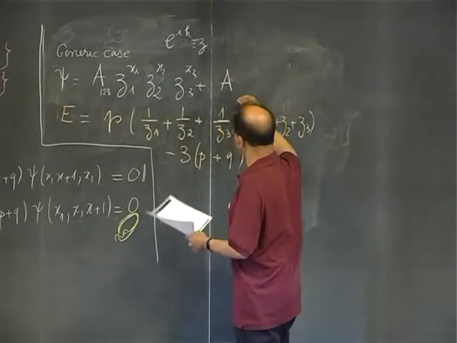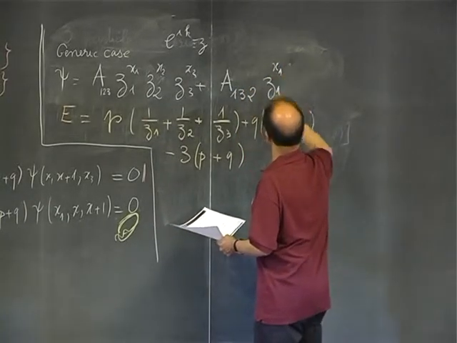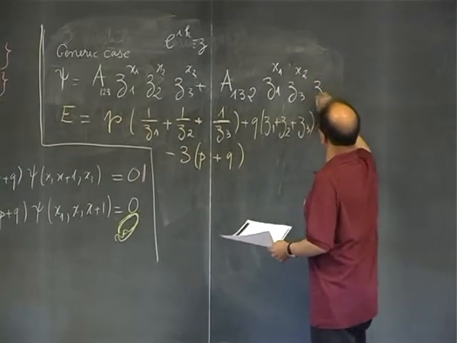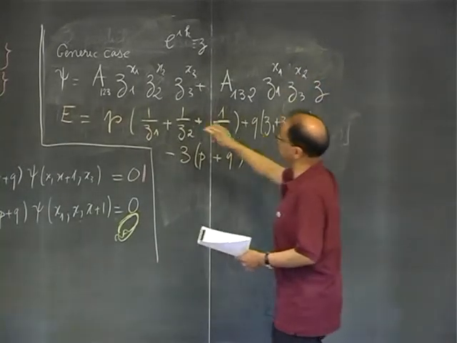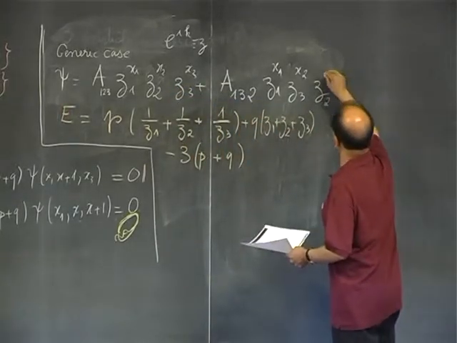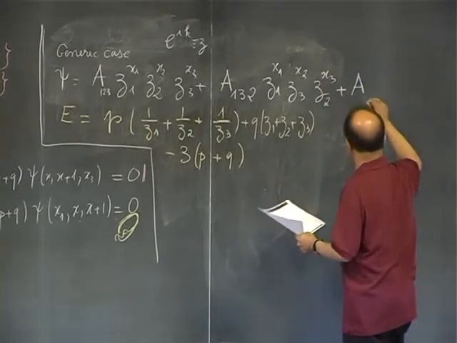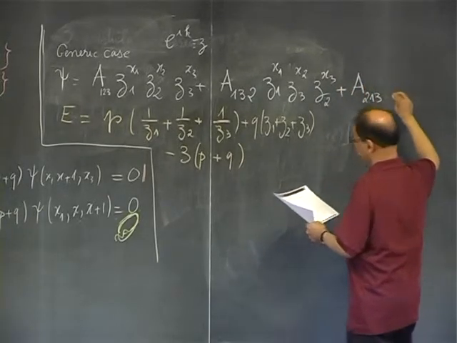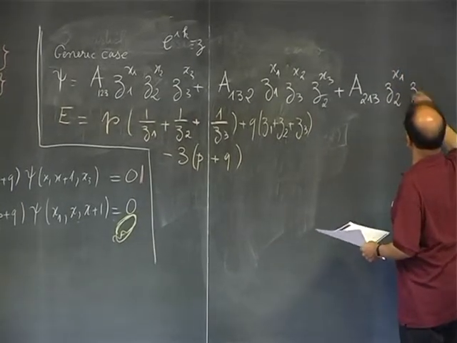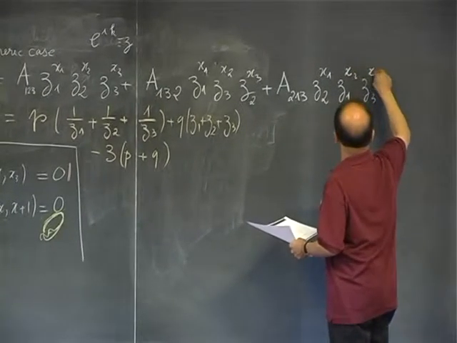I'm not sure I'll be patient enough to write all of them, but okay: Z1, X1. Now Z3 is at the second position. So I'm not changing the order of X1, X2, X3, but changing the Z's. I could have done it the other way around. Z2, X3, and so on. So there are 6 terms. Z2, X1, Z1, X2, Z3, X3.